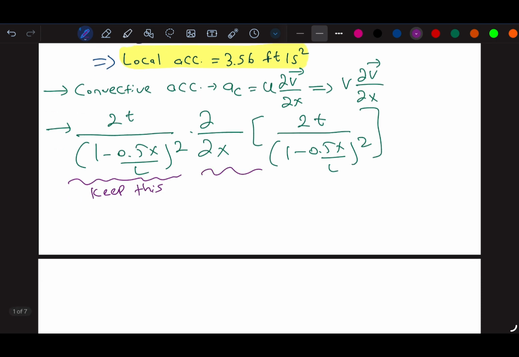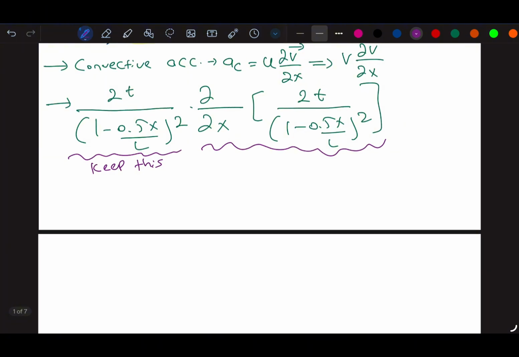Now let me write the calculation of this partial derivative. So here the main focus is x. So let me write this in another form.